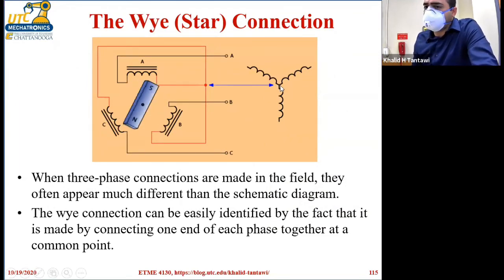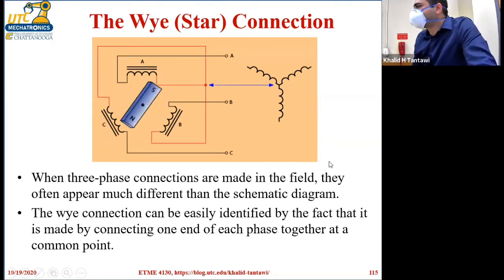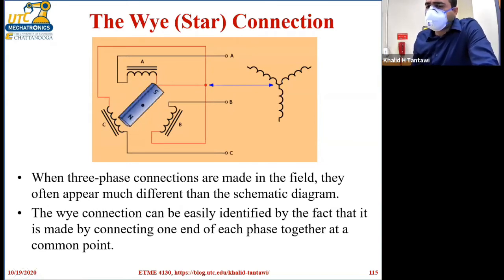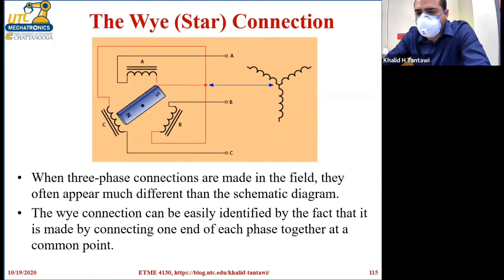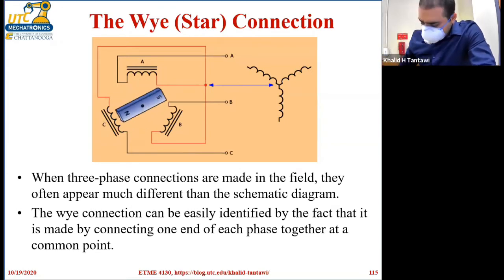The neutral terminal typically will connect to the ground, but not always. So in other words, the network can be grounded.